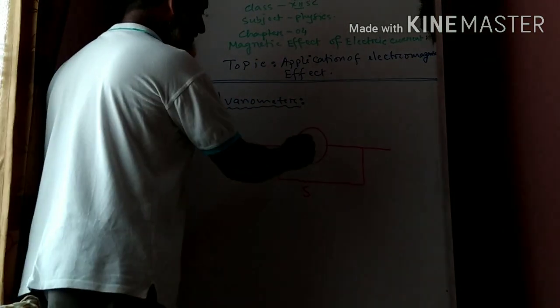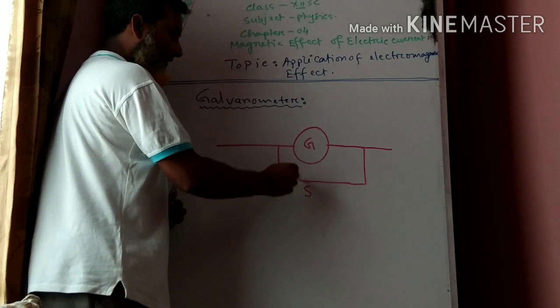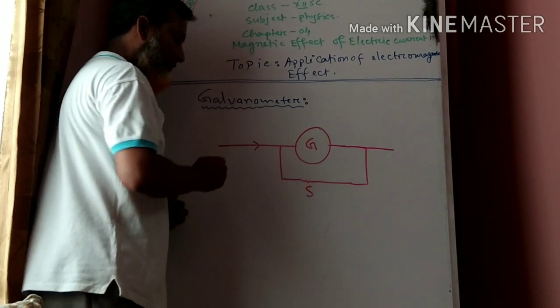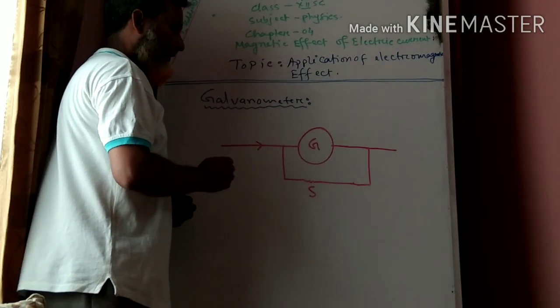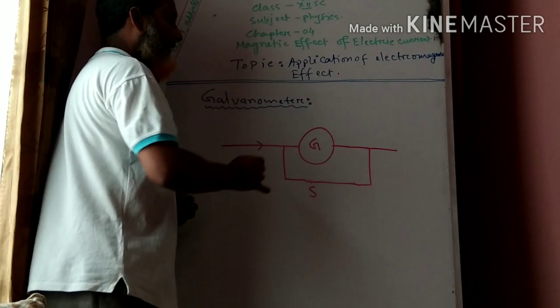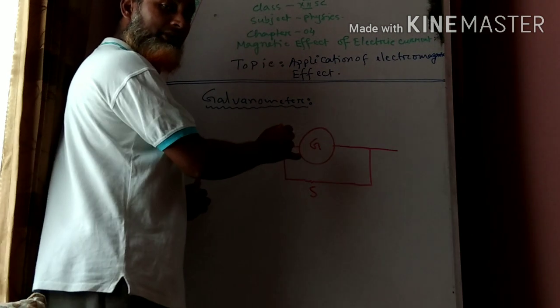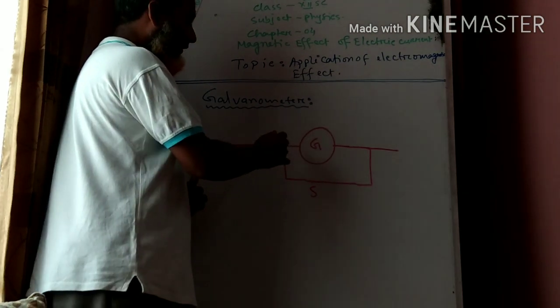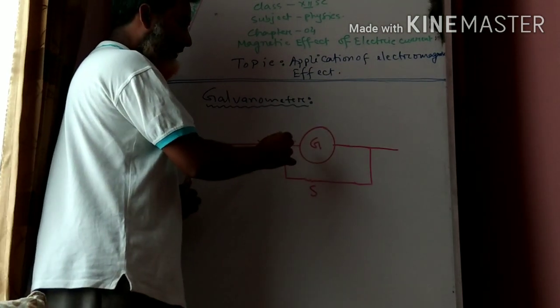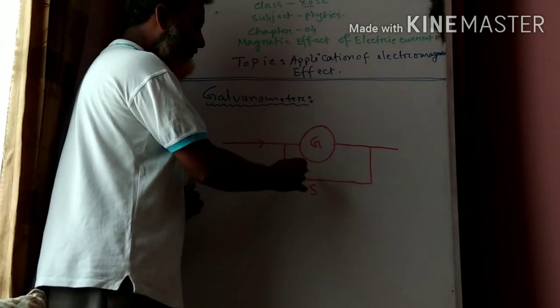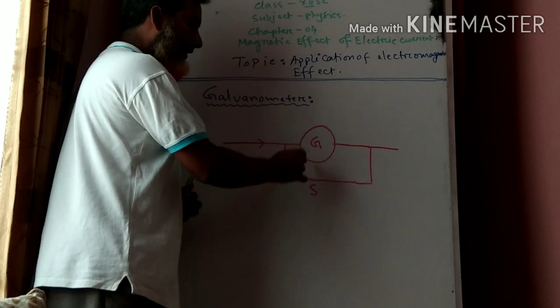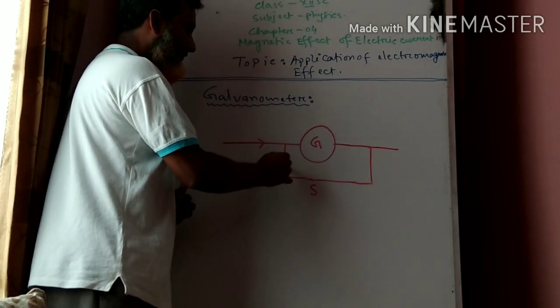Here G is the resistance of the galvanometer, S means shunt resistance. The shunt is a very small resistance connected in parallel to save the coil of the galvanometer, because the galvanometer coil is very sensitive. If high current passes through the coil, it will burn and the galvanometer will be damaged. That's why we use a small resistance in parallel with the galvanometer coil, called shunt resistance.